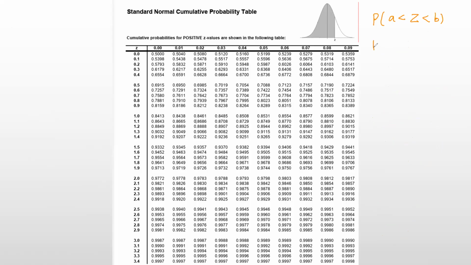The second type is to find the probability for any normal random variable in a particular interval. So the idea is this: you're going to standardize X. You standardize it by subtracting mu and dividing by sigma, and you need to do the same thing to the other two parts.